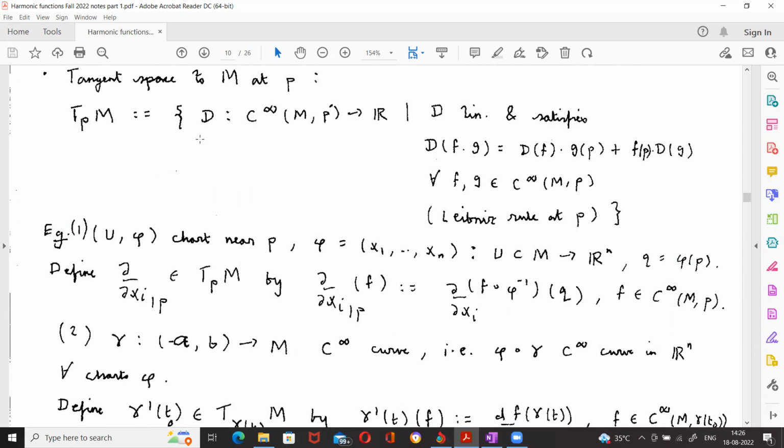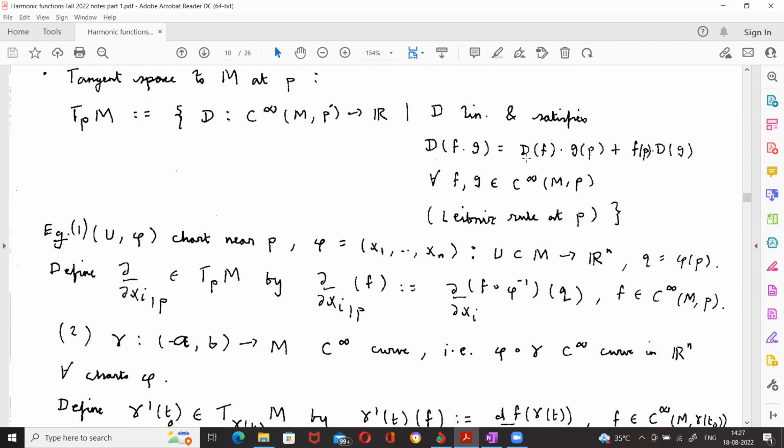T_P M is defined to be the set of maps D from C infinity(M, P) to R such that D is linear and satisfies the Leibniz rule at P. So D(F times G) is D(F) into G(P) plus F(P) into D(G), for all germs of smooth functions F, G at P. So this is a purely algebraic definition.